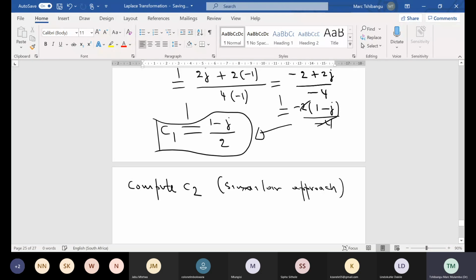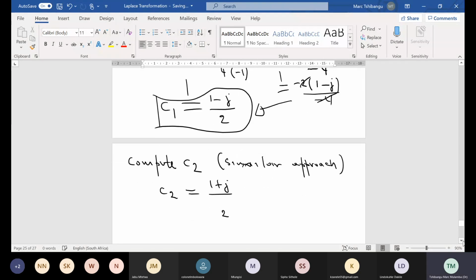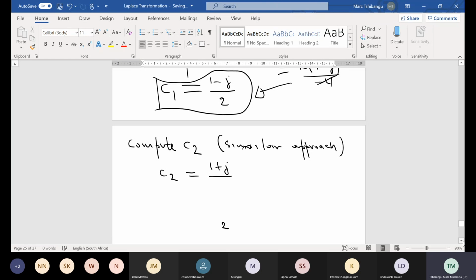All right, so C2 is equal to 1 plus j over 2. Once you have the constants, you can substitute them in the expression of y of t, which is 1 minus j over 2 e to the power of 1 plus 2j of t plus 1 plus j over 2 e to the power of minus 2j of t.